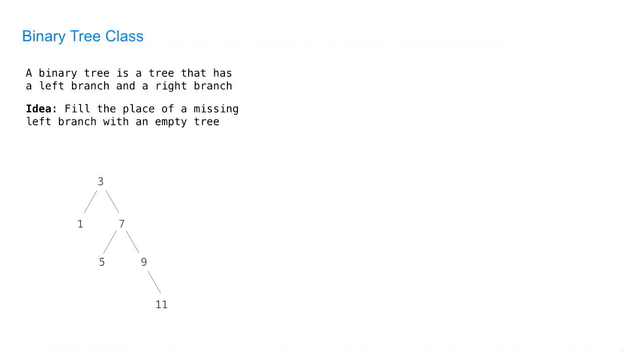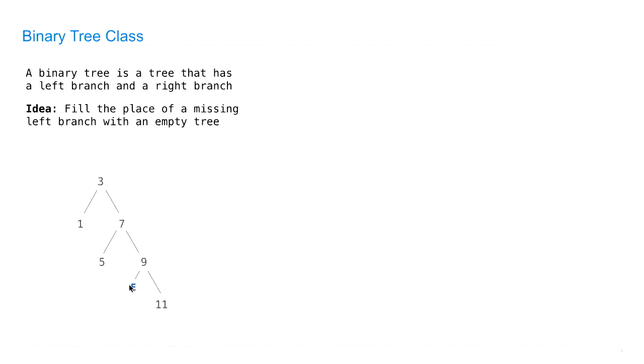In order to make sure that we always have 2 branches, we're going to have to fill in the missing branches of the tree. So 9 only has a right branch, but it's supposed to always have a left branch and a right branch. We can make sure that's true by introducing an empty branch.